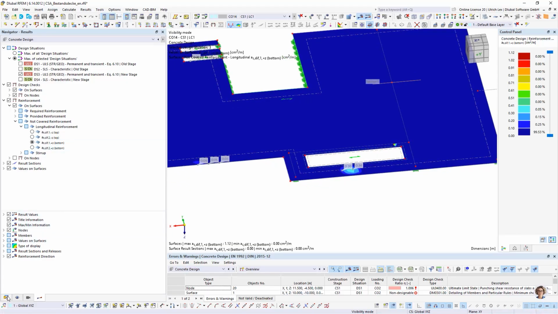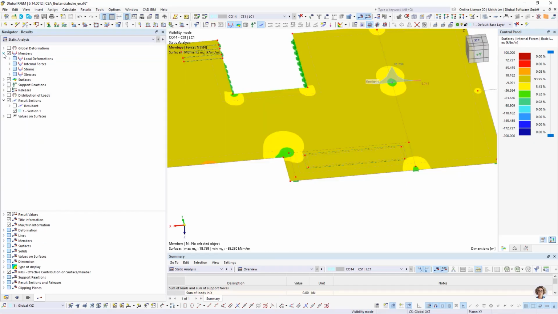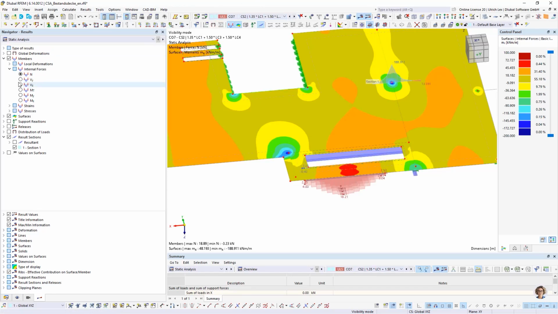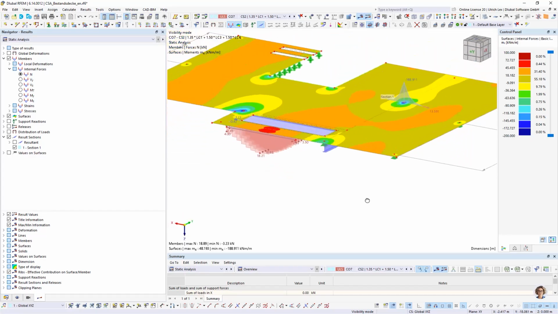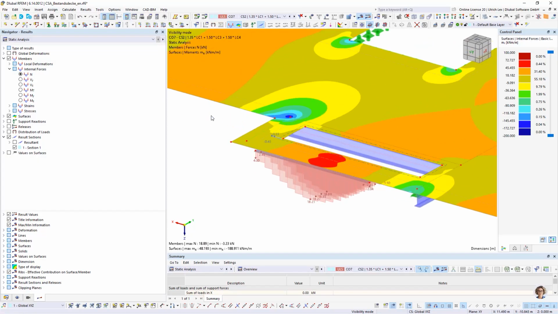These rebar members also get normal forces. Because of these normal forces, I do not need so much reinforcement, or my existing reinforcement is enough in my concrete slab.